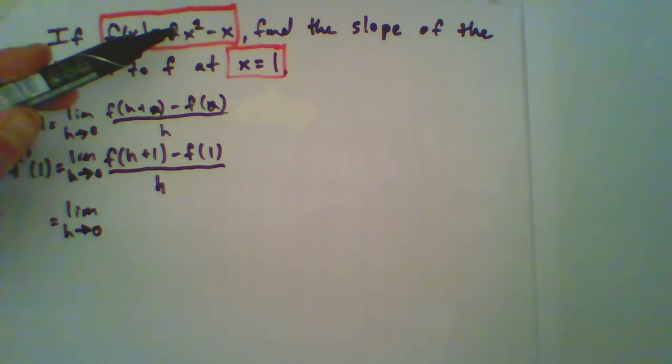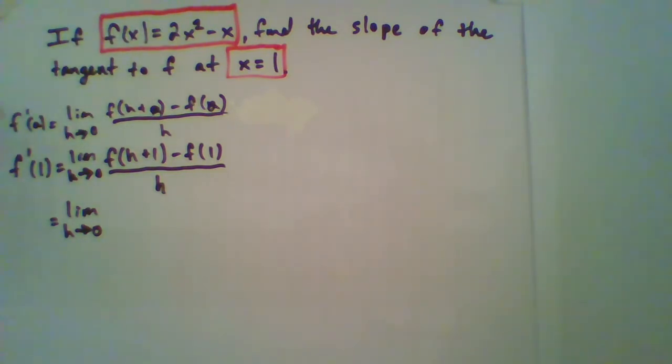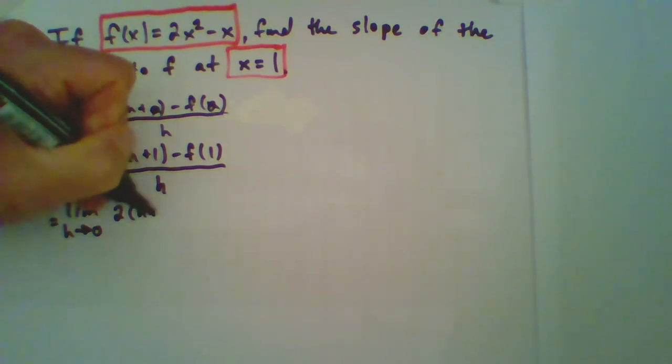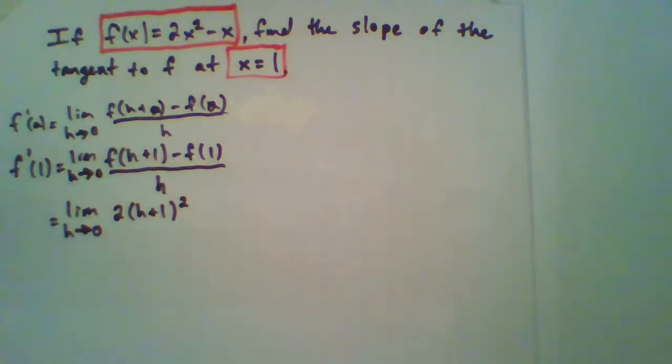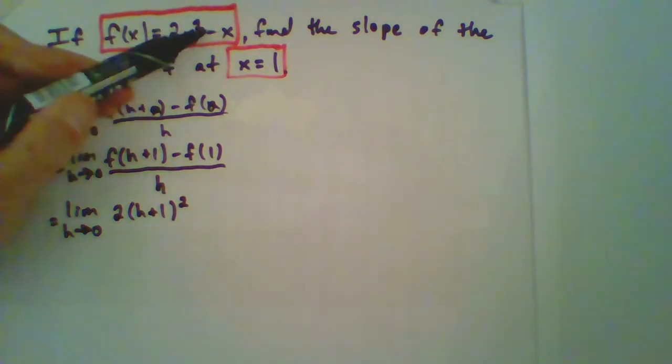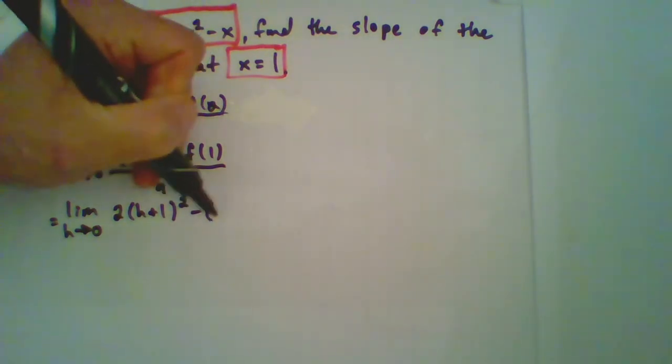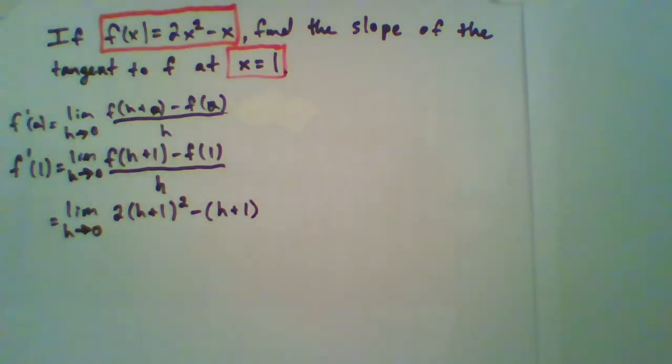Instead of 2x squared, we have 2 times the input squared. So that's 2 times h plus 1 squared, minus x. So minus, again, everywhere we see x, we have to replace that with h plus 1. So we have minus h plus 1.